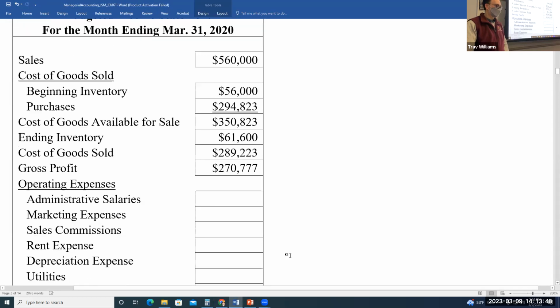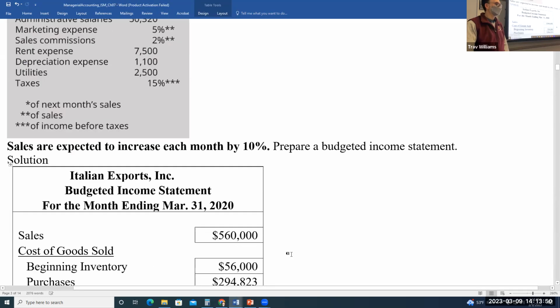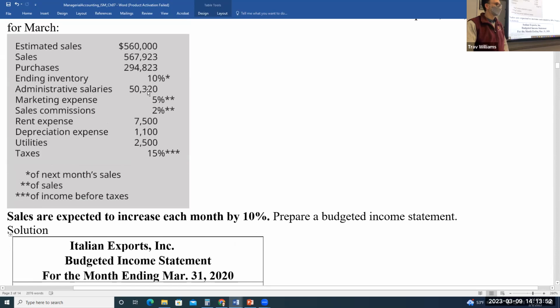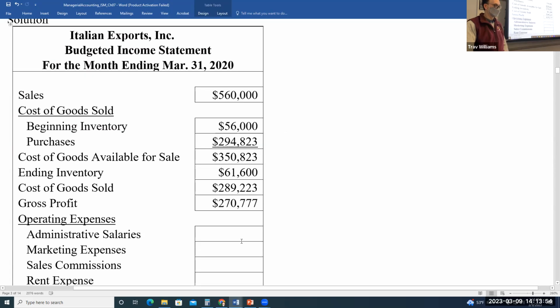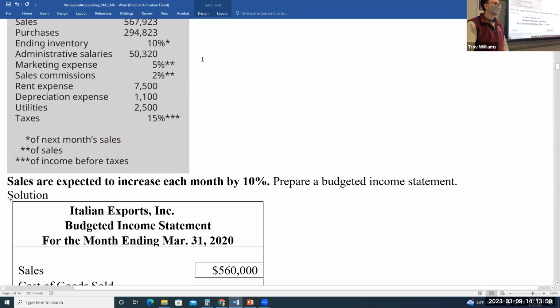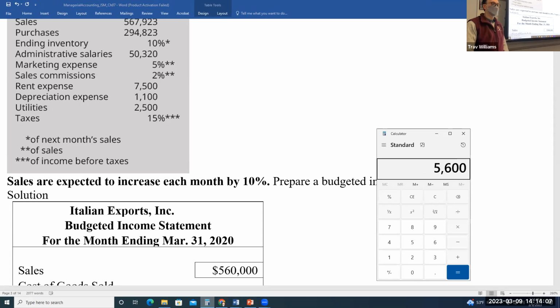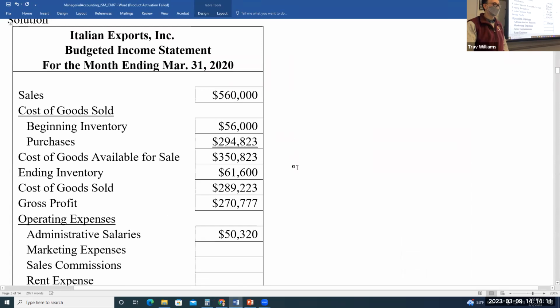All right, then we can move on to operating expenses. It says administrative salaries are 50,320. Marketing, it says, is 5% double star, so 5% of sales. Take our sales times 5%, and we get 28,000.